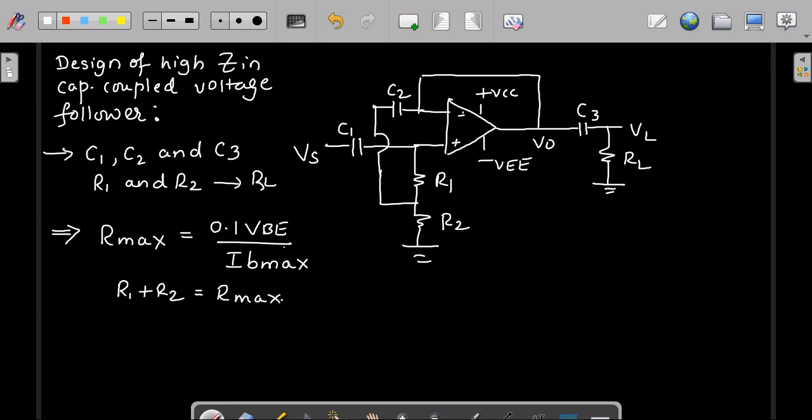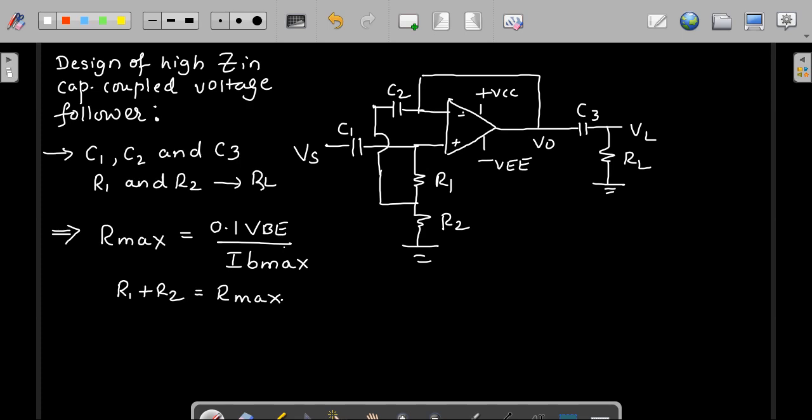Please look here. This C1 and R1 come as a part of the circuit. Please look at it properly: C1 and R1. Similarly, C2 and R2 will come as another rung here. This is one rung and C2 and R2 is the other rung.